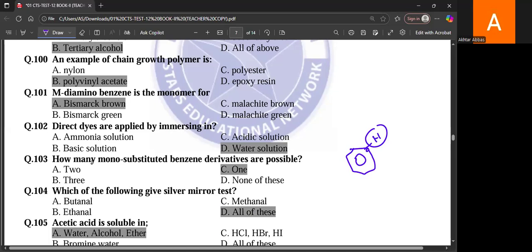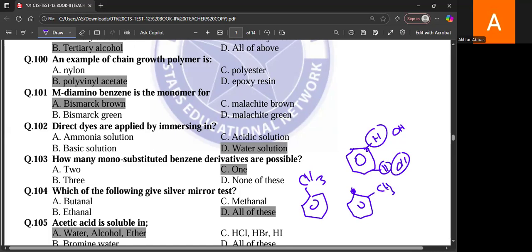When we remove hydrogen, we can replace it with OH. And if we remove the hydrogen from another position and place OH, the name is the same. Likewise, if we replace the hydrogen with a CH3 alkyl group, it is called methyl benzene. If we remove the hydrogen from another position and place the alkyl group, it is also called methyl benzene.